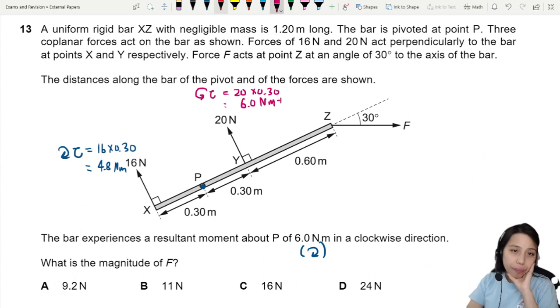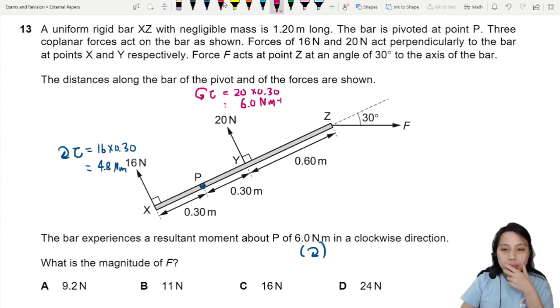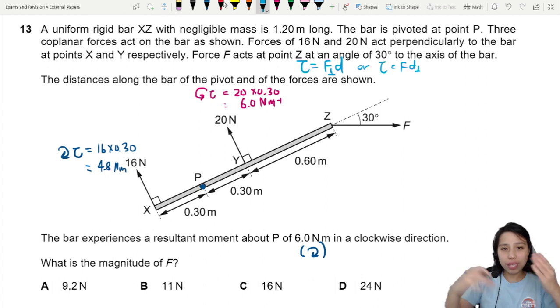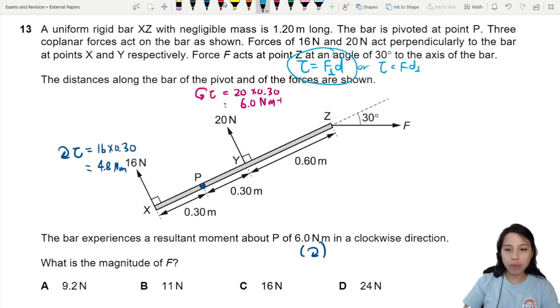That's why we have to solve it. So we need to, firstly, resolve it to be perpendicular to the rod, because all these equations are torque equals force times distance. Actually, you either must have perpendicular force times distance or force times perpendicular distance. In the case of this kind of rod, it's usually easier to resolve the force.